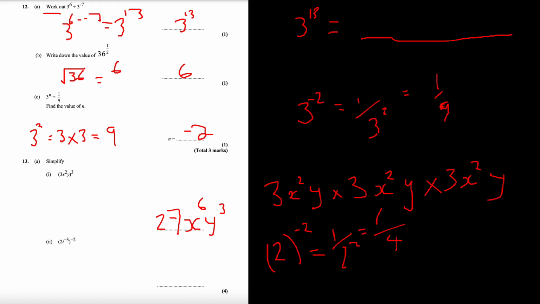And then I'm going to have t to the -3 raised to the -2. Well, that's going to give me t to the -3 times -2, which is t to the 6. So I'm going to have a quarter times t to the 6. So the answer is t to the power of 6 all over 4.